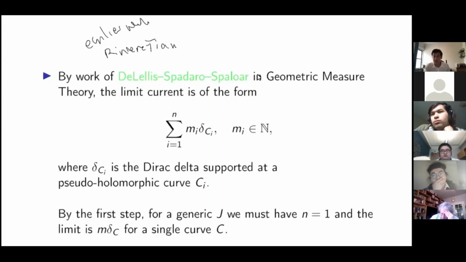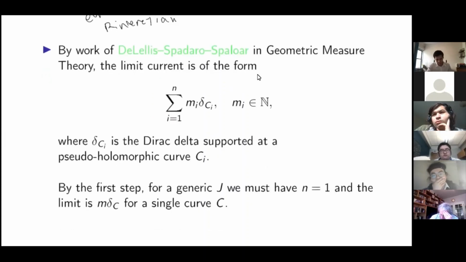The point is that there is a regularity theorem for the limiting current. Essentially, the limiting current will be a combination with integer coefficients of Dirac deltas supported on pseudo-holomorphic curves. So it's as good as you want it to be.